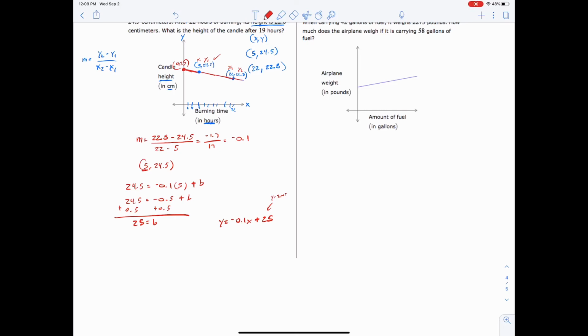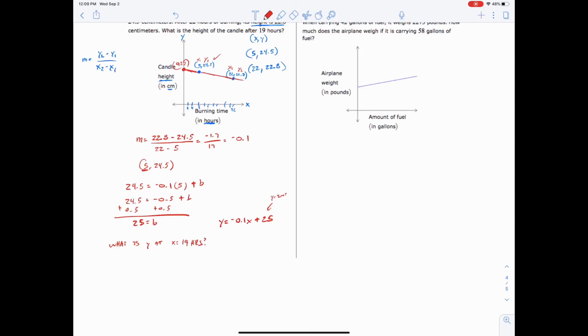But the question is, back up the top, what is the height of the candle after 19 hours? Well, what does that 19 hours represent? Meaning, what is the variable? What is y at x equals 19 hours?